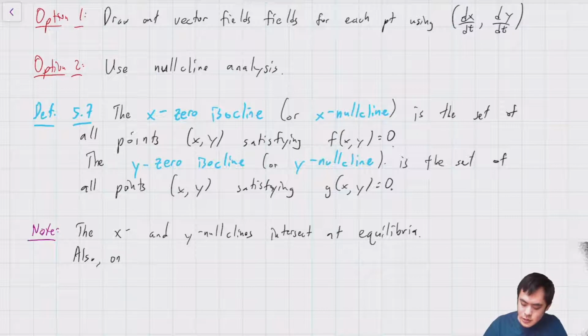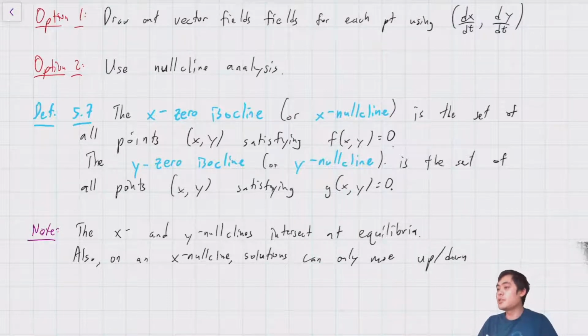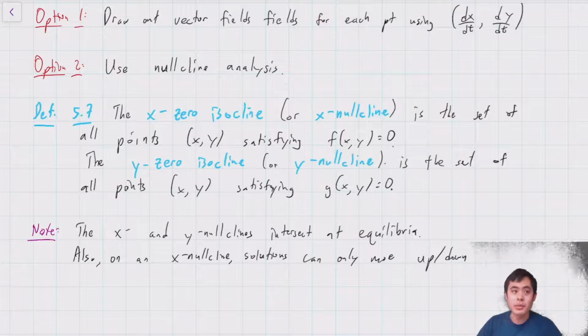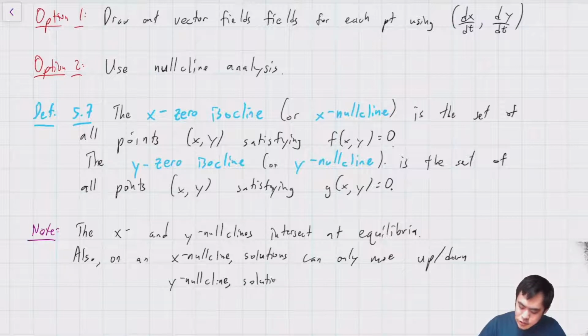Also, on an x nullcline, solutions can only move up, down, because in an x nullcline, you know that the x component of the vector field is equal to 0, and so solutions can only move up and down because those are the y components. So up, down, and on a y nullcline, solutions can only move left, right, for much the same reason.